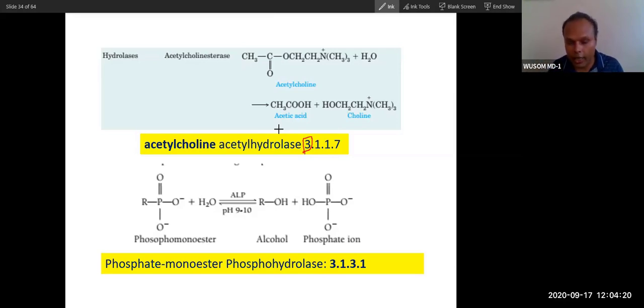Now, you can see ALP means alkaline phosphatase. This is again a very important enzyme that you will be using in liver function tests. Enzymes have wide implications for understanding your metabolism. If you understand enzymes, you will understand metabolism.